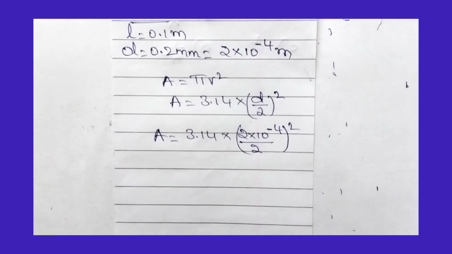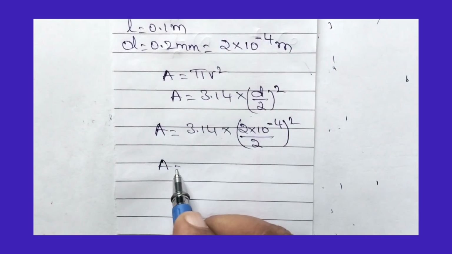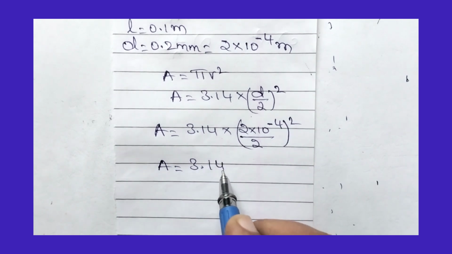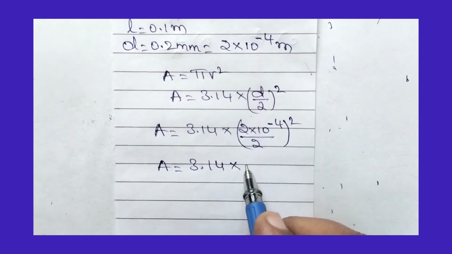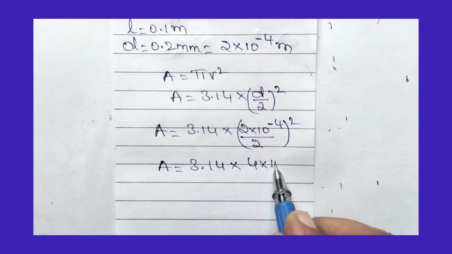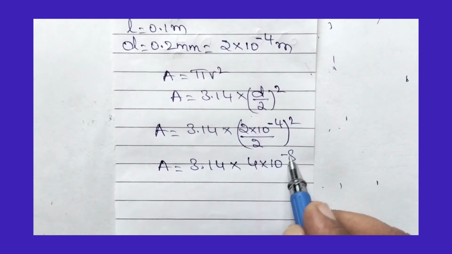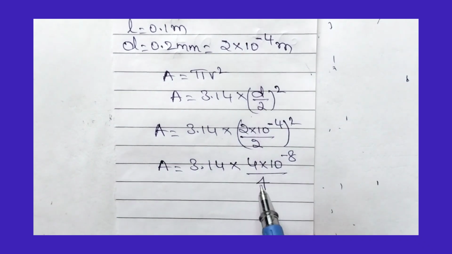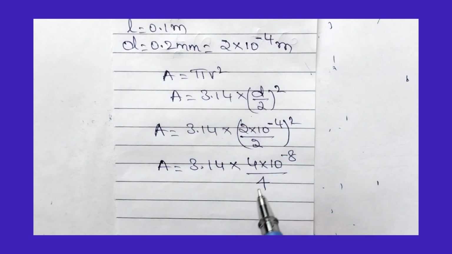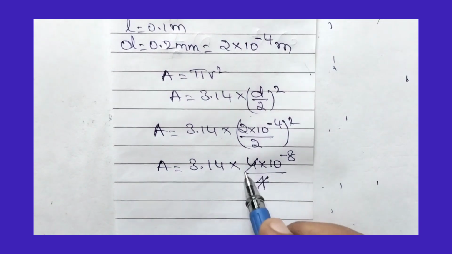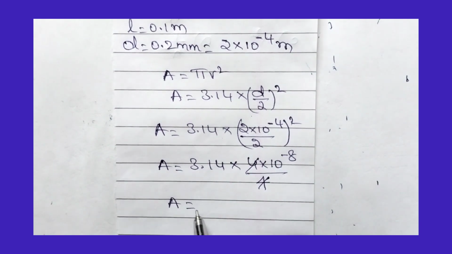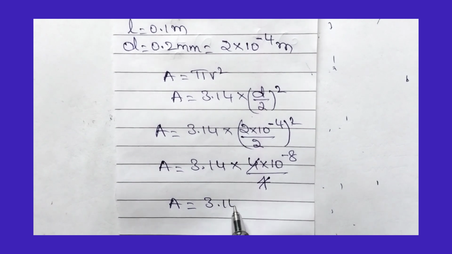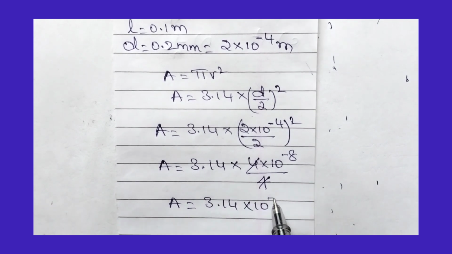So area is equal to 3.14 into 2 square is 4 into 10 to the power of minus 4 2s are 8 divided by 2 square is 4. So 4 cancel. Area is equal to 3.14 into 10 to the power of minus 8 meter square.